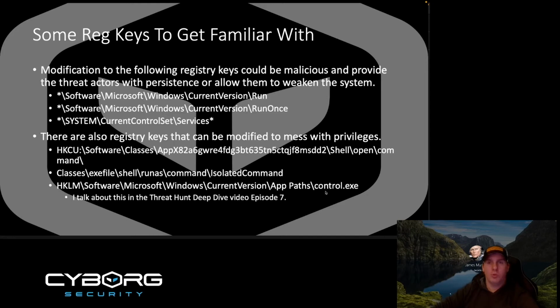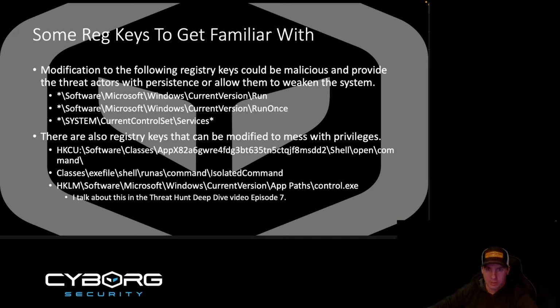Some registry keys that we want to look at and focus on are ones threat actors abuse a lot. So the Software, Microsoft, Windows, CurrentVersion, Run or RunOnce paths, these are registry keys that contain executables that start up when your computer starts up.